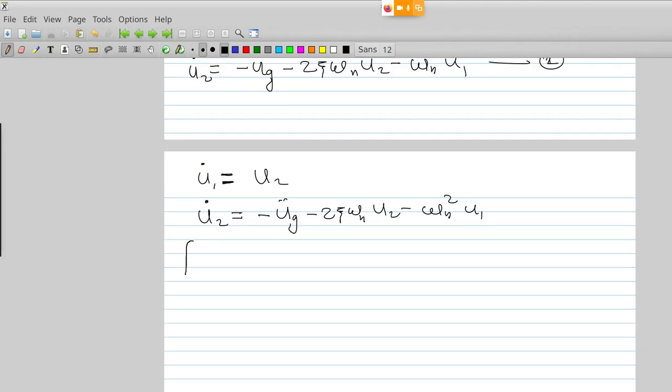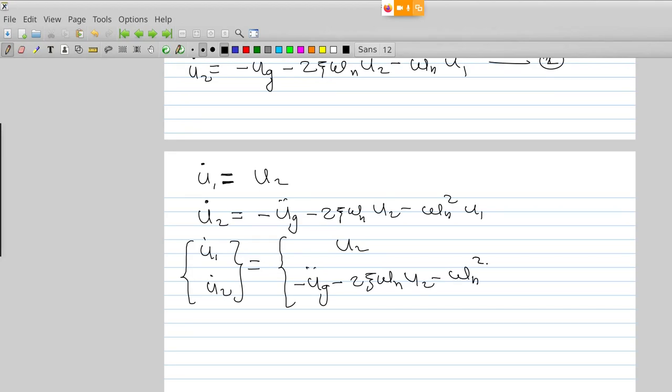I can write it something like this: u1 dot, u2 dot is equal to u2, and minus ug double dot minus 2 xi omega n u2 minus omega n square u1.